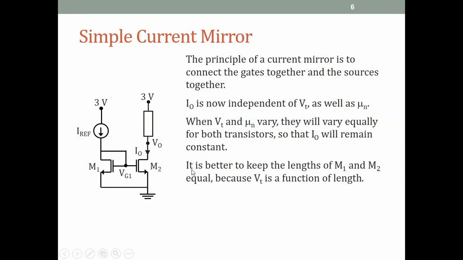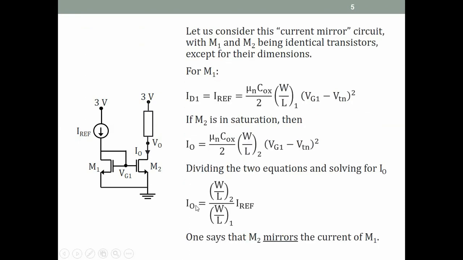Alright, one more thing to note is that although here the current is shown as varying as a ratio of the W by L ratios, suppose L2 was different from L1, then the fact that L2 and L1 are different causes the VTs to be different for M1 and M2, because the VT depends on the length of the transistor.